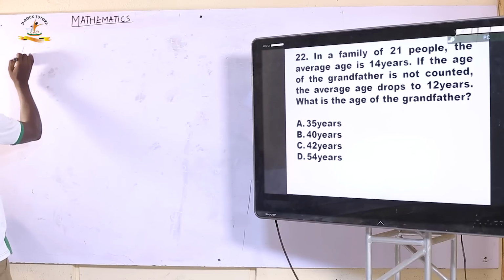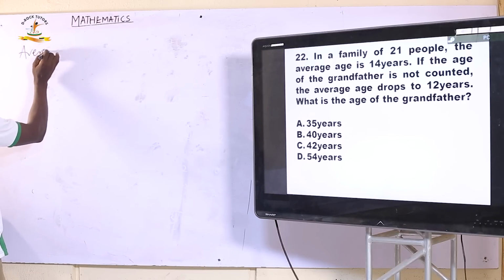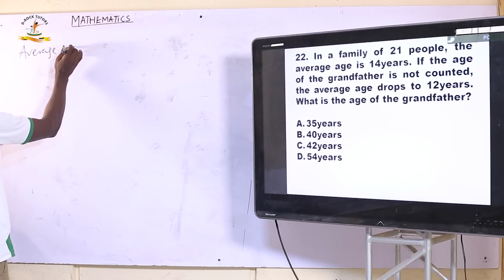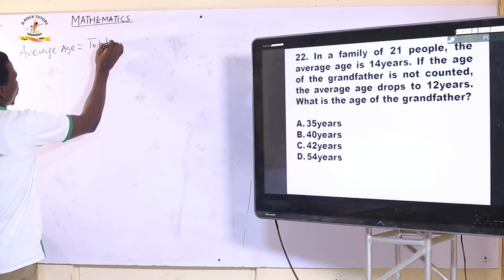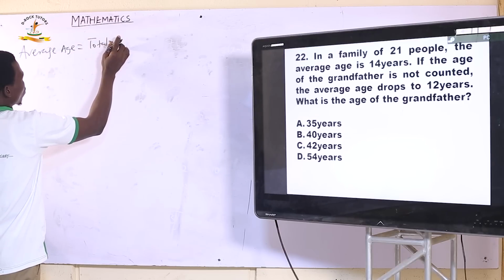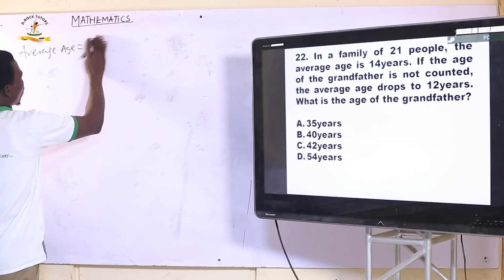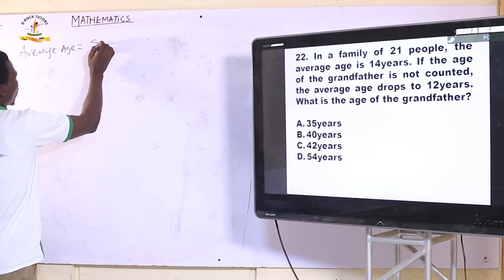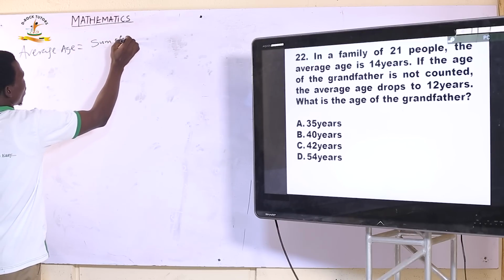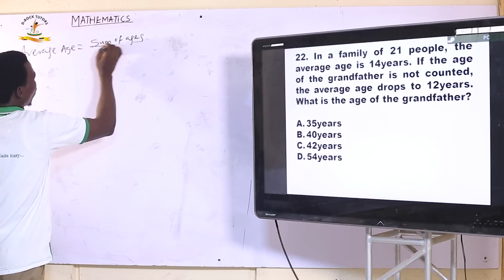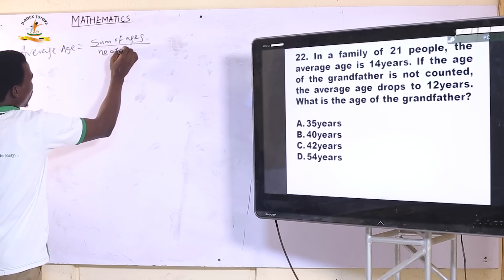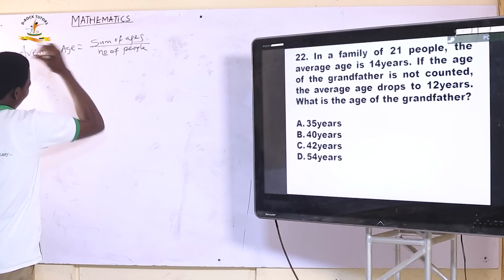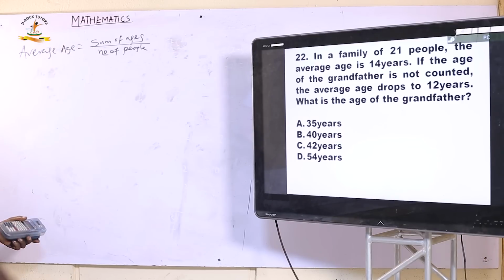How do you get your average age? You say average age is equal to the sum of ages all over the number of people. So I don't know the sum of the ages, but I know the number of people, and I know the average age.